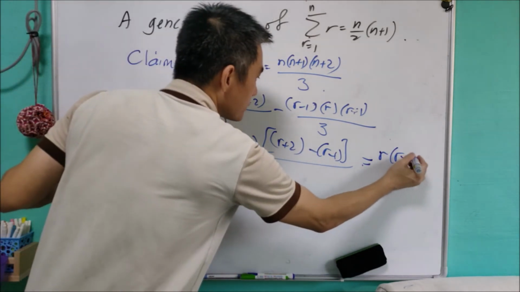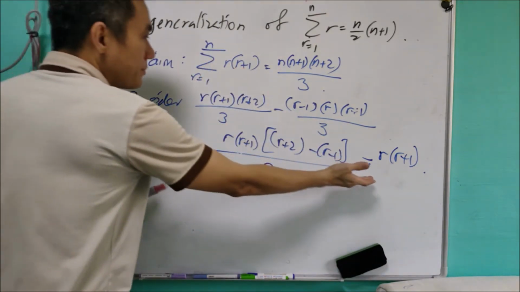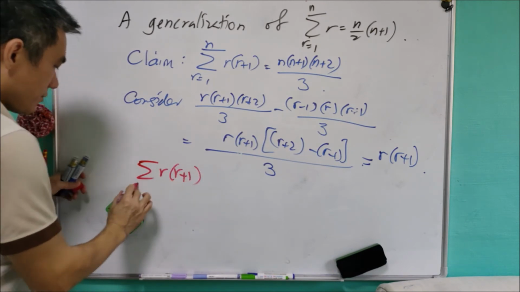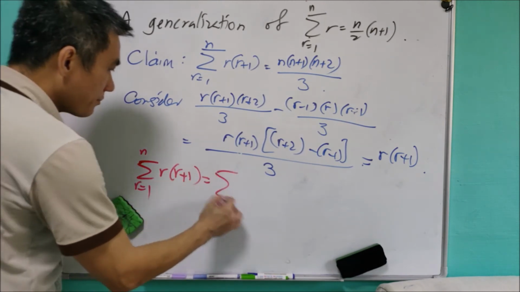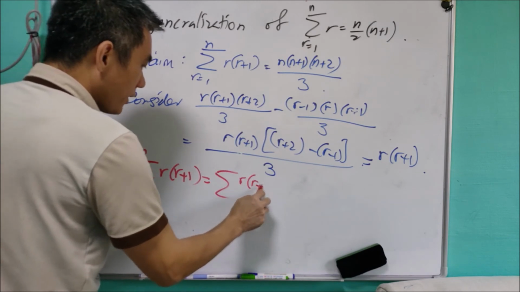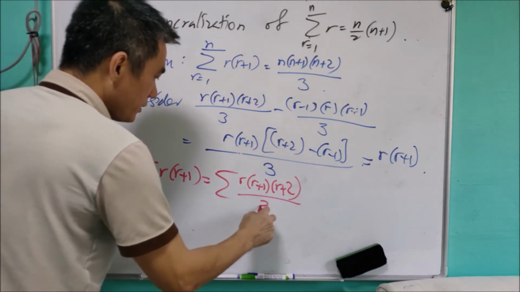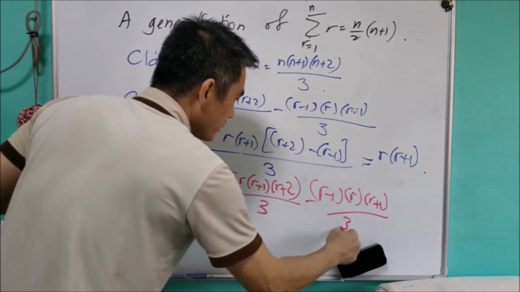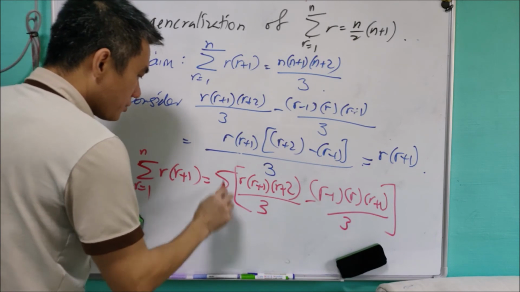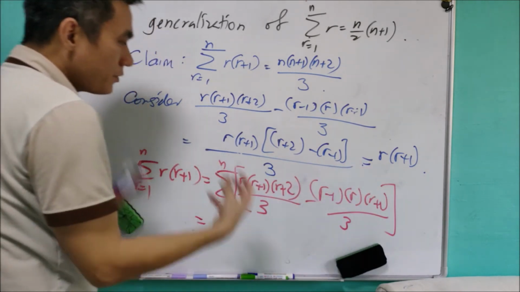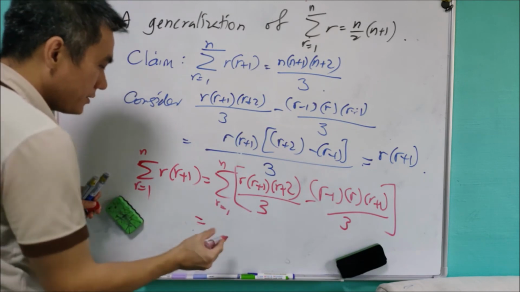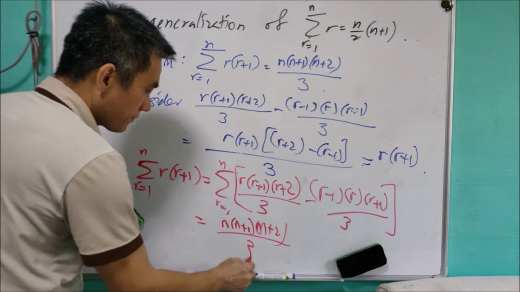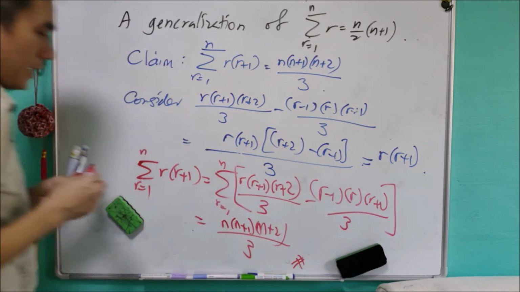So this is r plus 1. So using a similar argument as what we have just now, the summation of r plus 1 from r equals 1 to n will equal the summation of r plus 1, r plus 2 over 3 minus r minus 1, r plus 1 over 3 from r equals 1 to n. After we cancel all the terms, we are left with the last term that is equal to n plus 1, n plus 2 over 3. So this will be the answer.